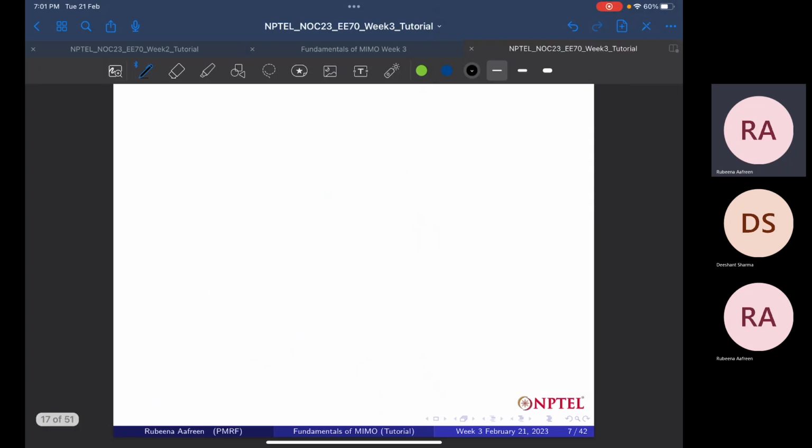So till now we have seen Rayleigh fading channel and Rician fading channel. One more we will see, Nakagami. This Nakagami fading will explain both Rayleigh and Rician.